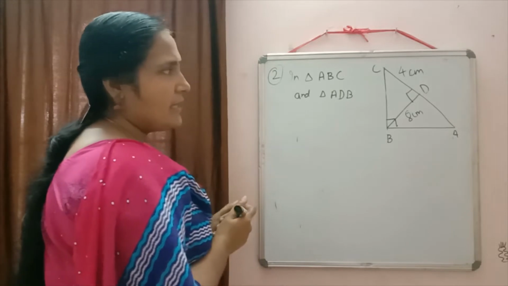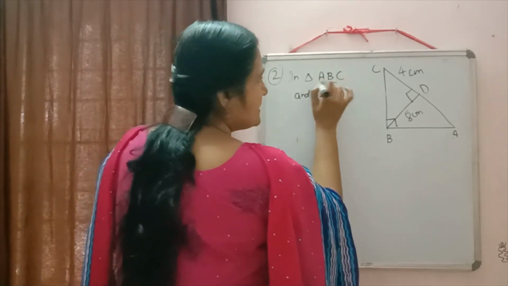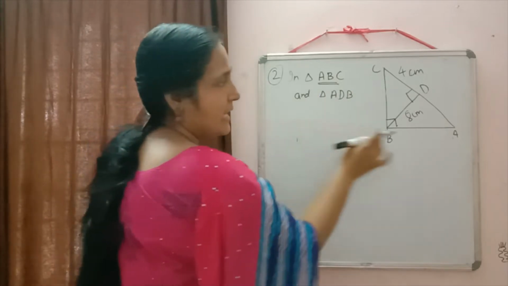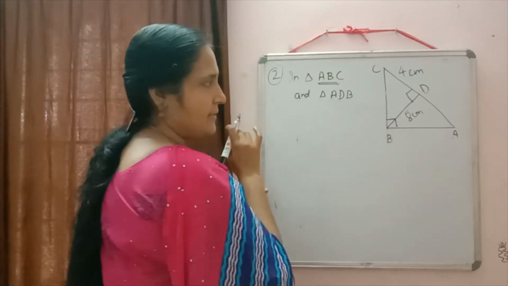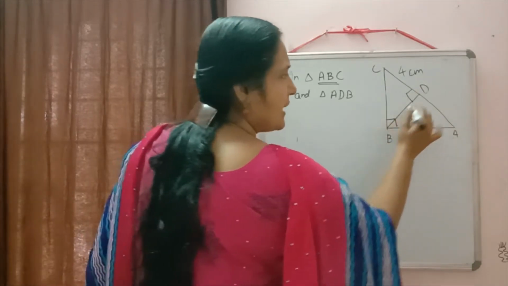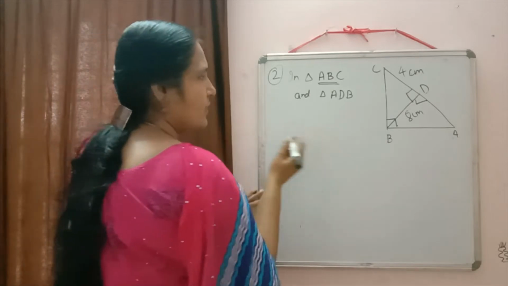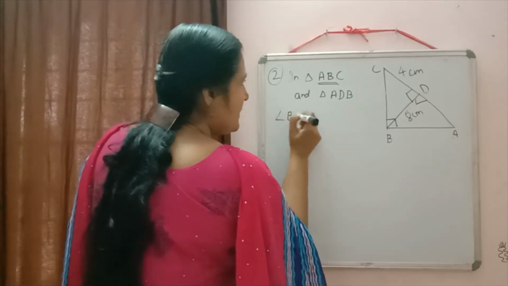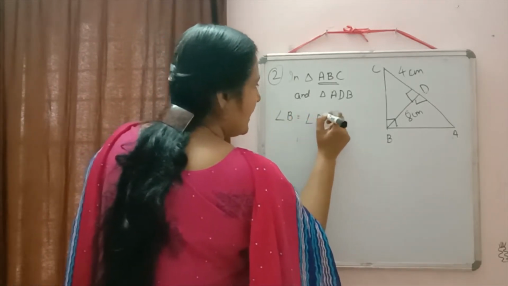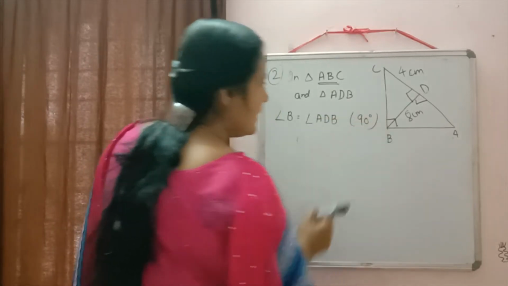So do we have any equal angle? Yes, in triangle ABC, which angle is equal to 90 degree? Angle B is equal to 90 degree. And in triangle ADB, which angle is equal to 90 degree? Yes, angle D is equal to 90 degree. So I am writing there, angle B is equal to angle ADB. Here reason we can write down there, 90 degree.